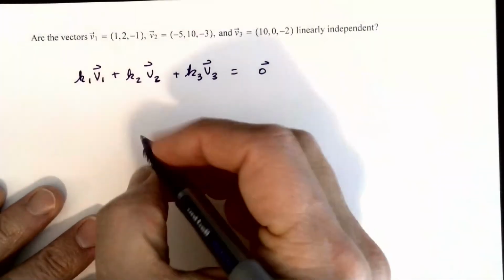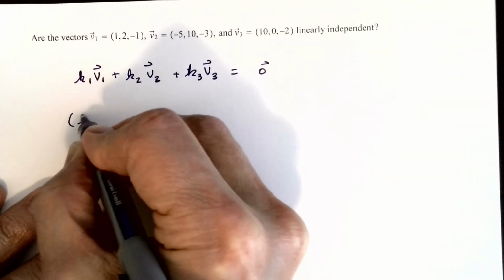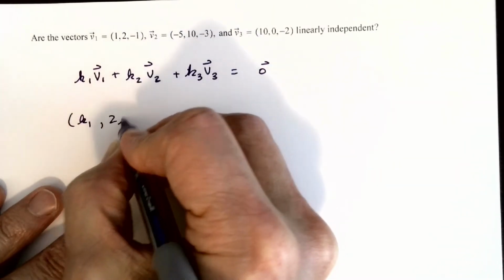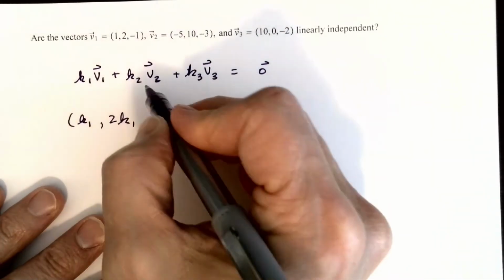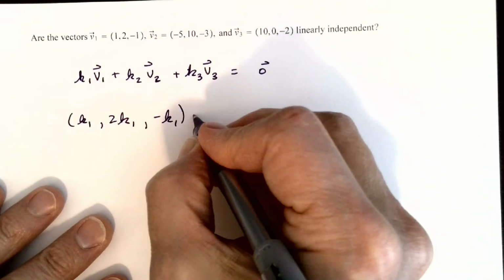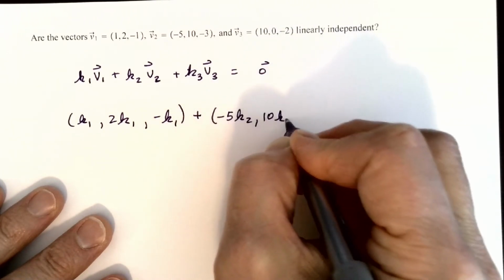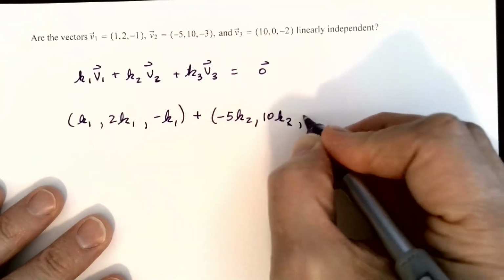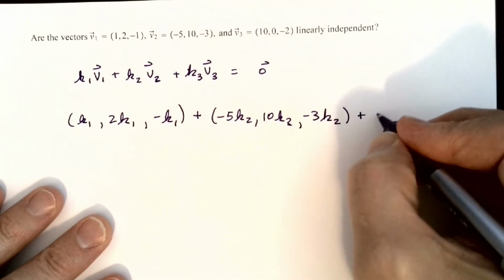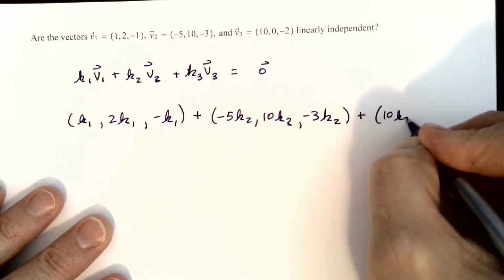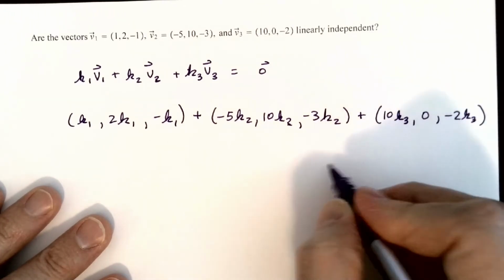So to determine that, let me scalar multiply K1 times V1, and I'll get K1, 2K1, negative K1. Distribute that K1 through. Scalar multiply V2 by K2. And then scalar multiply V3 by K3, giving 10K3, 0, and negative 2K3, which equals the zero vector.